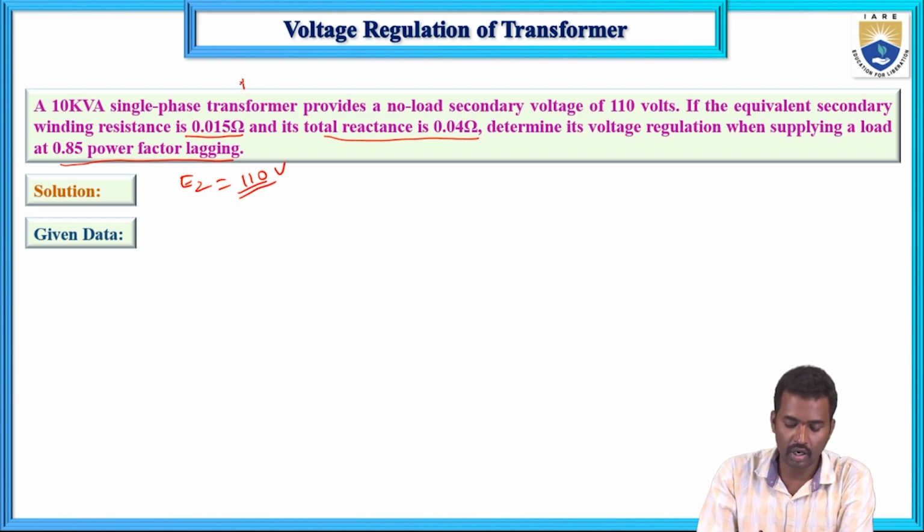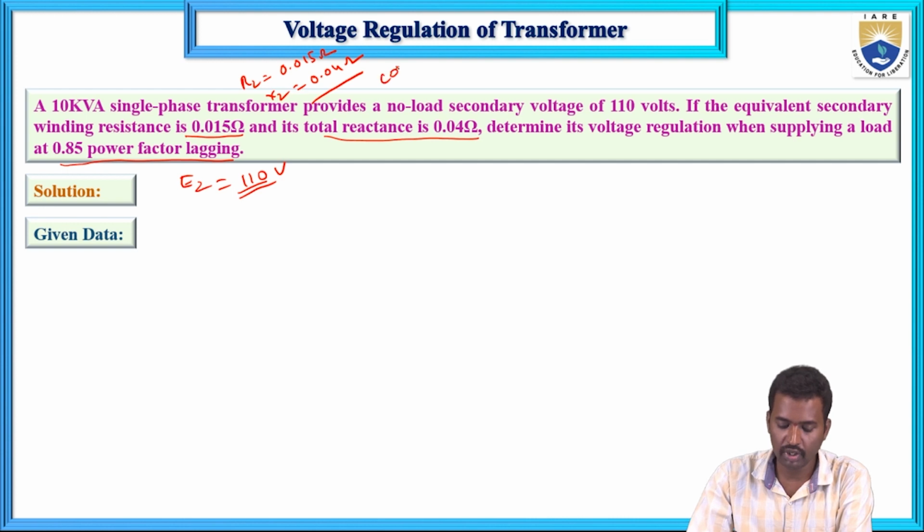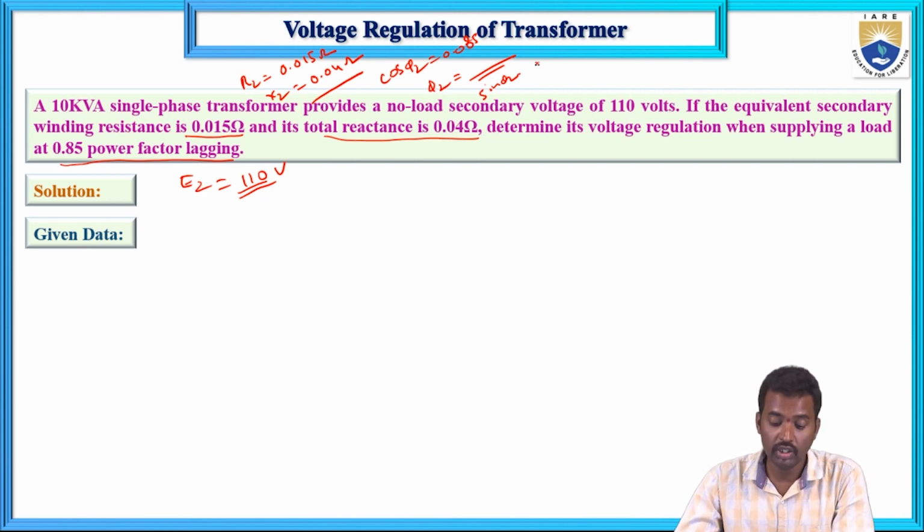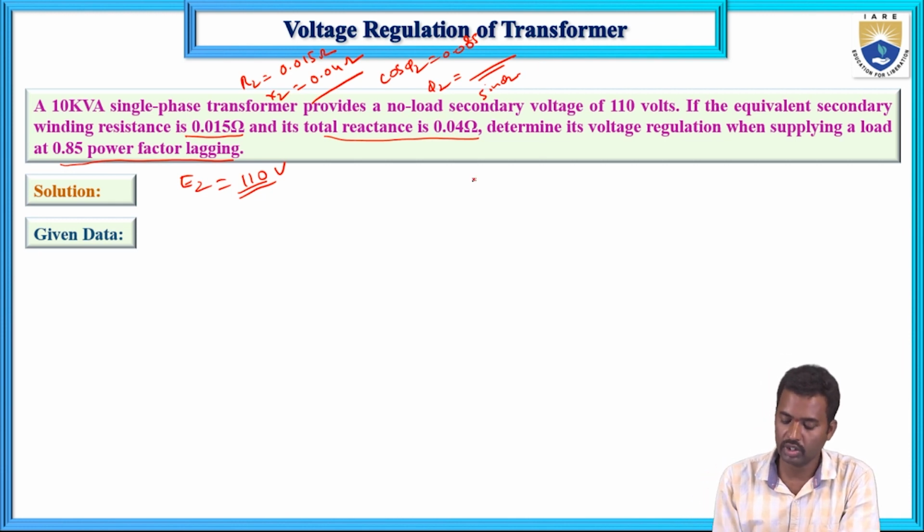Next, R2 equals 0.015 ohms and X2 equals 0.04 ohms, and cos phi 2 equals 0.85. From this you can find phi 2 value and sin phi 2 value. So now, what is the formula for voltage regulation?